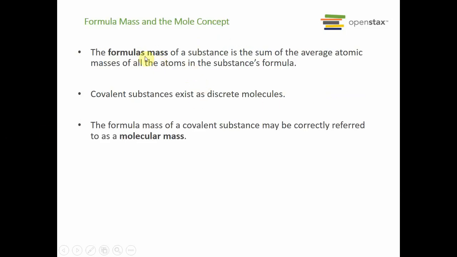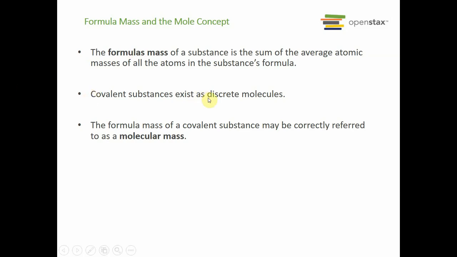We talked about the atomic weight previously of a substance, and now we're going to be talking about compounds and formula masses, which is the sum total of the atomic weights that are in the formula for that compound. Like H2O would be 2 times the atomic weight of hydrogen plus the atomic weight of oxygen.